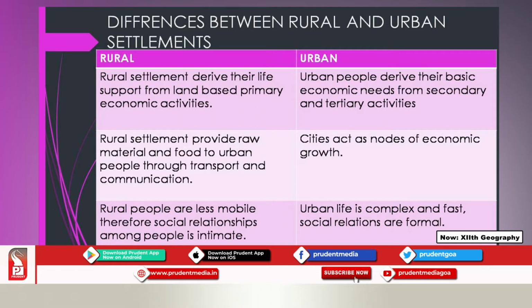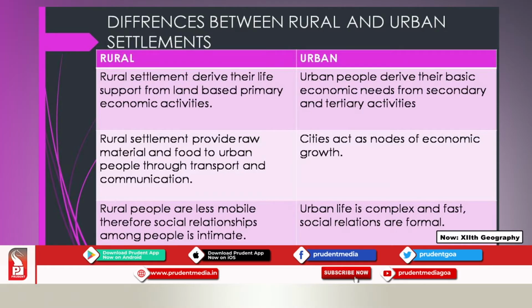It could be agriculture, forestry, fishing, any of the primary activities. In the case of urban settlements, these are the people who derive their basic needs from secondary and tertiary activities. They are mostly engaged in secondary and tertiary activities.